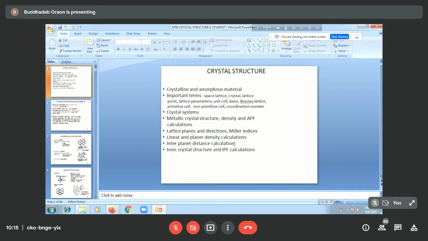So those are the material characterization techniques used for knowing the material structure and properties. Interplanar distance calculations can be done by XRD analysis, and there are also other devices. So we'll try to know some of the basics about the structure, because it will help us to know the property of the material, and we'll be mostly concerned about the mechanical properties.